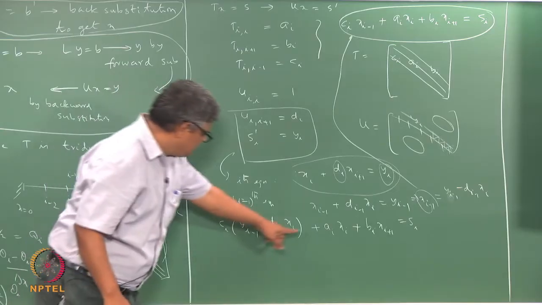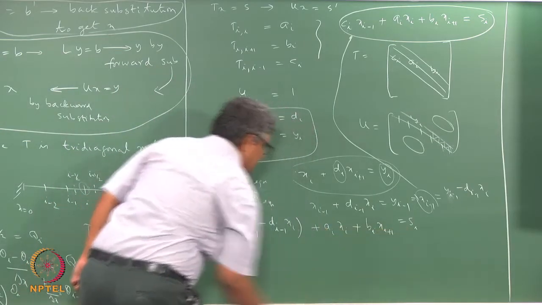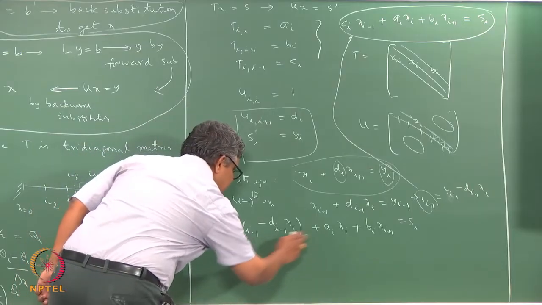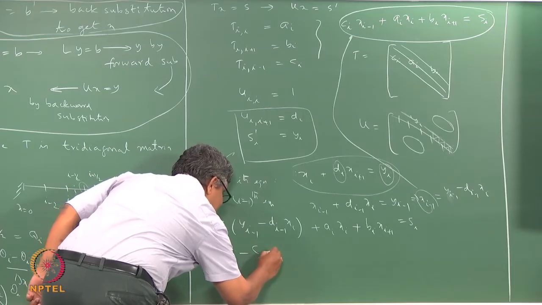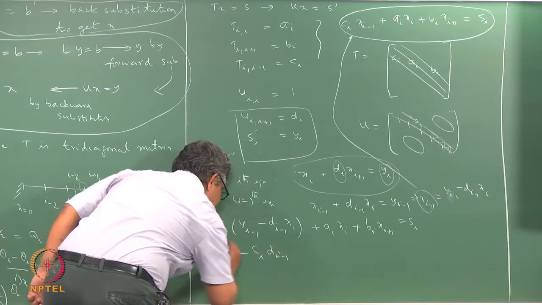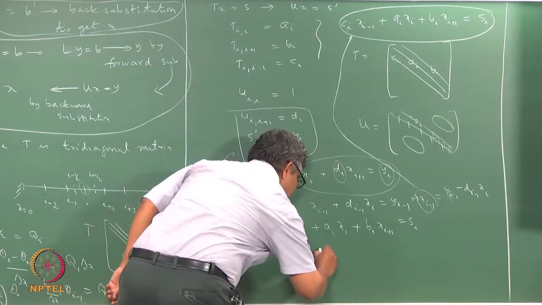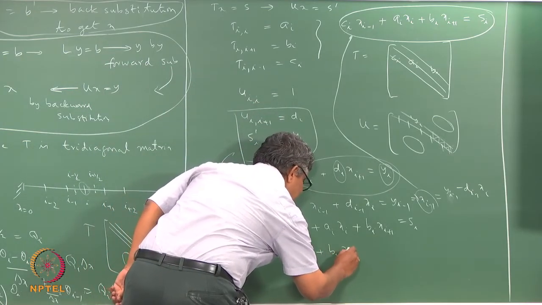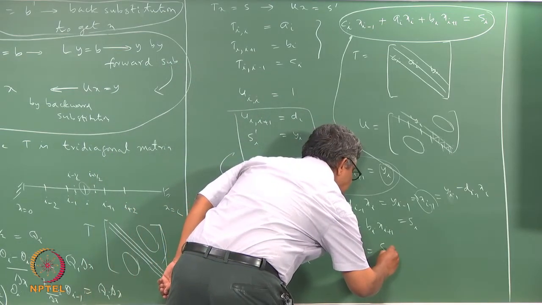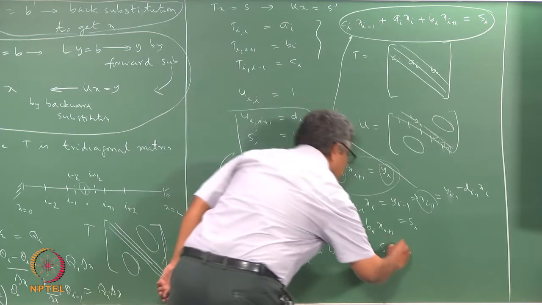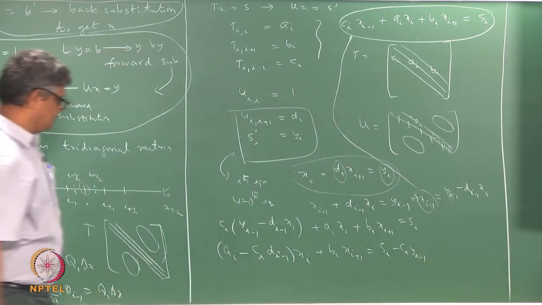So we can now take this ci minus this one here, and we have (ai minus ci di minus 1) times xi plus bi xi plus 1 equal to si minus ci yi minus 1. Okay.